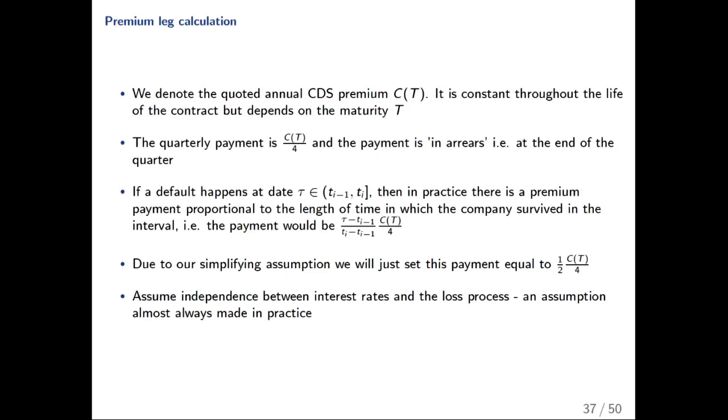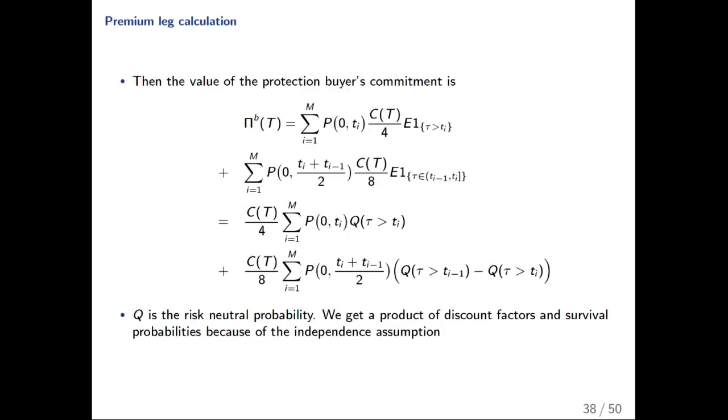If we make this assumption, we can simplify our lives a little bit, because if we take a look at the formula again, the buyer's leg is just equal to the discounted value of all of these coupon payments which happen at payment dates between 1 and M, conditional on default being past these payment dates. And then I'm going to owe one more payment, conditional on default being between the payment dates.